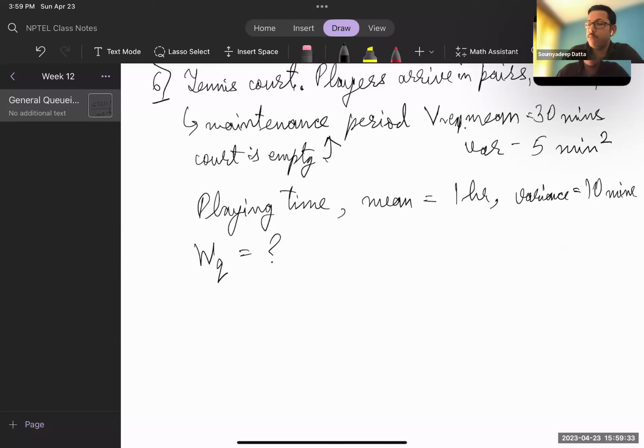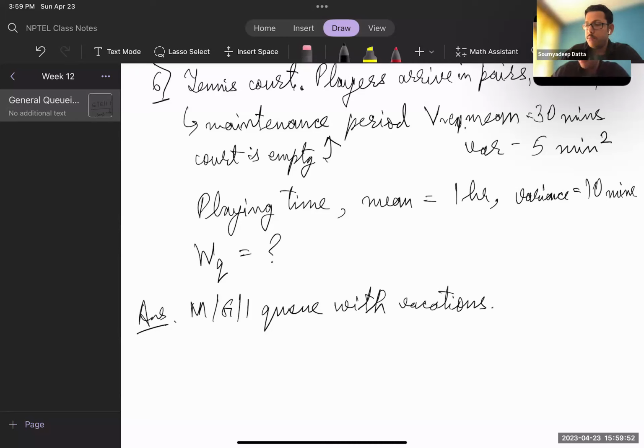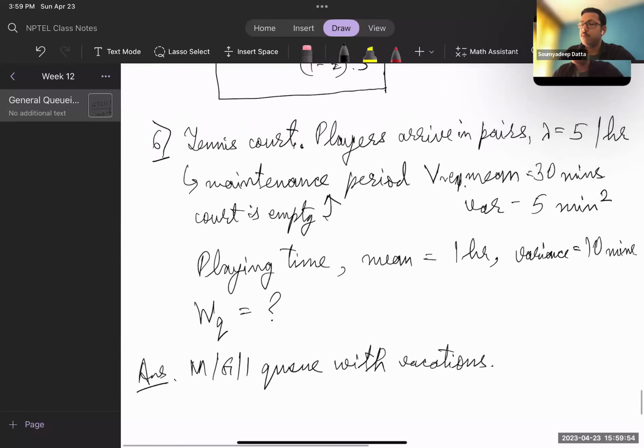And so how do we compute that? The answer for this is an M/G/1 queue with vacations. This is clear, right? Because the arrival of players is Poisson.